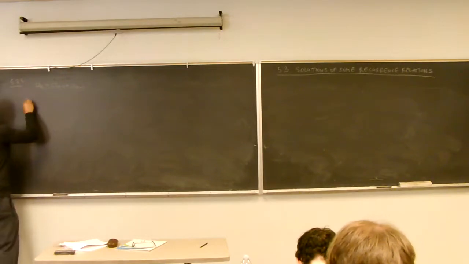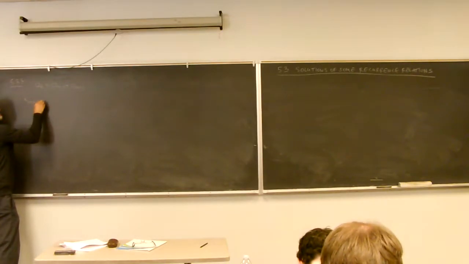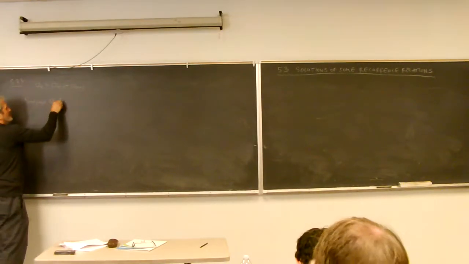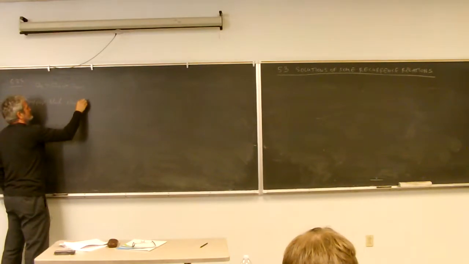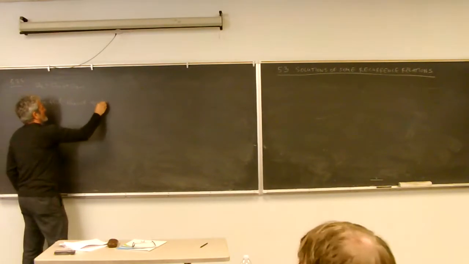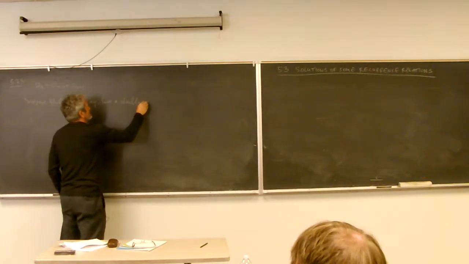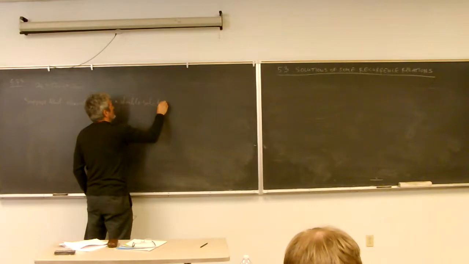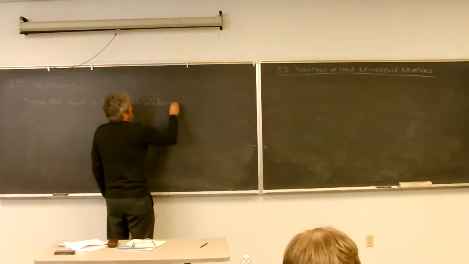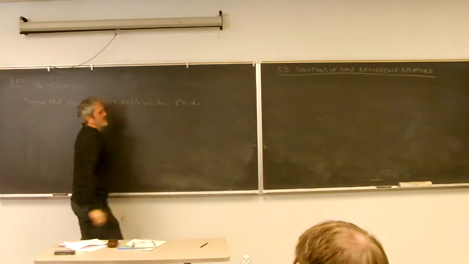Suppose that the characteristic equation has a double solution R. Let's say R equals alpha.